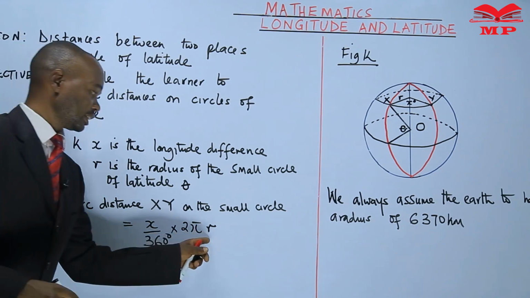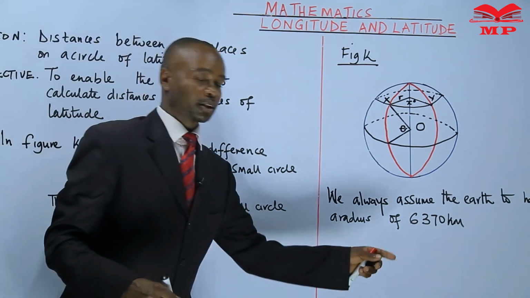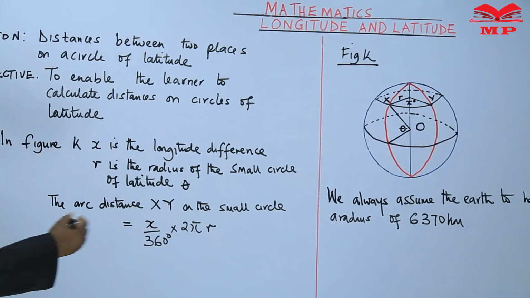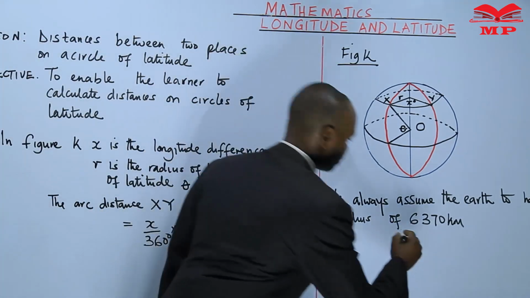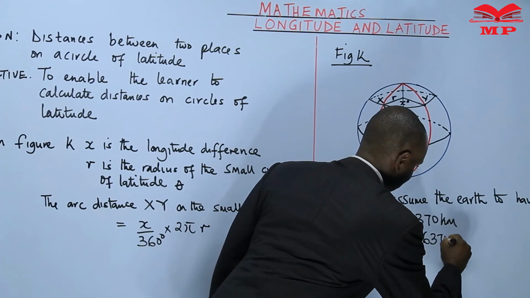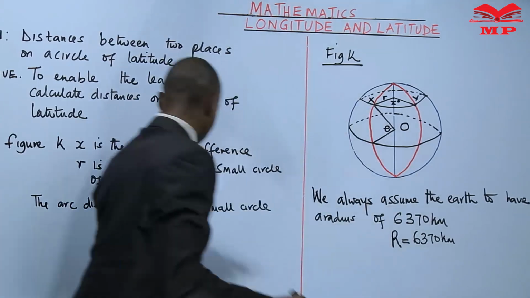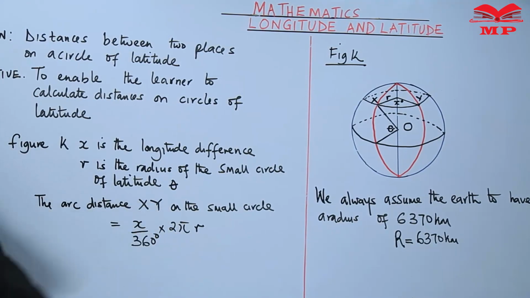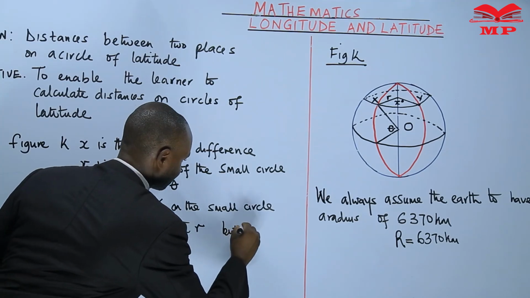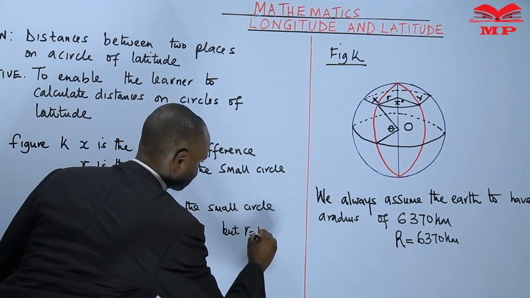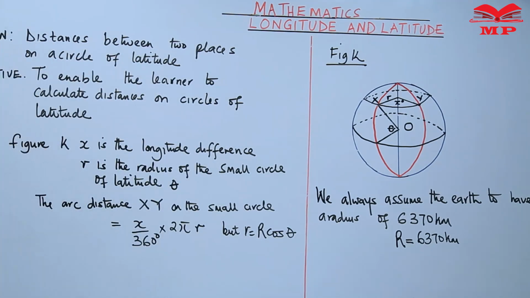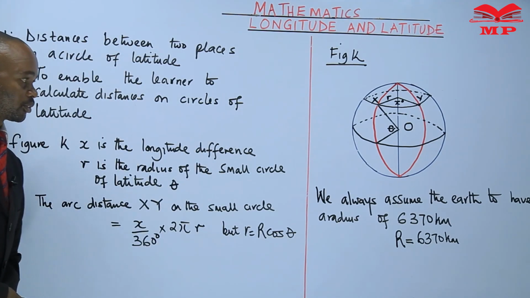But in the previous lesson we got a relationship between r and the big R, where R is 6,370 kilometers. r is equal to R cos theta. We proved that in the previous lesson.